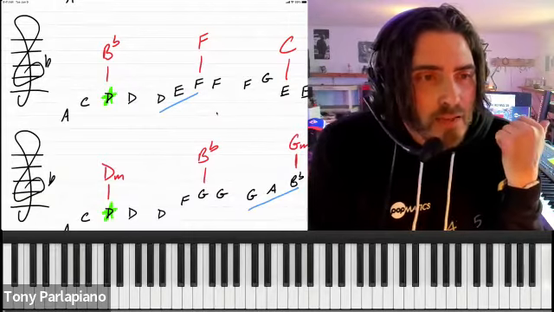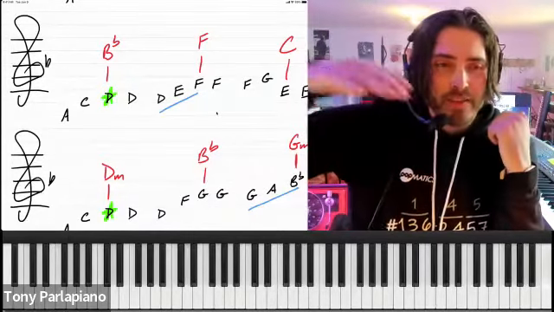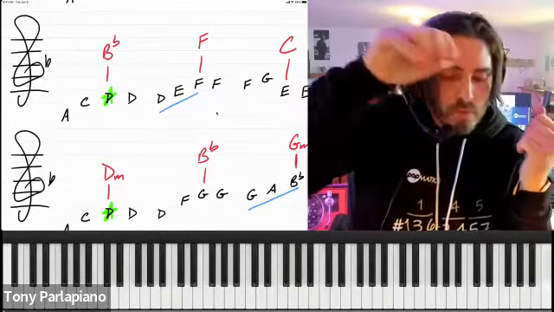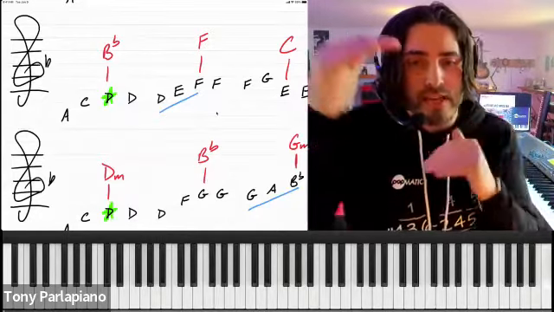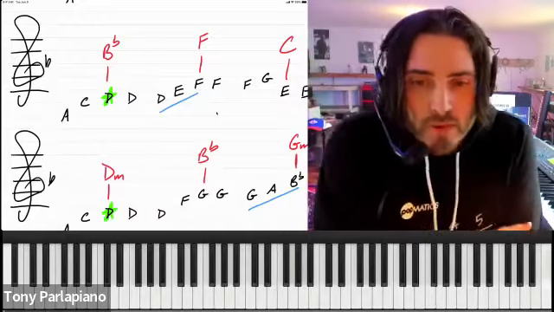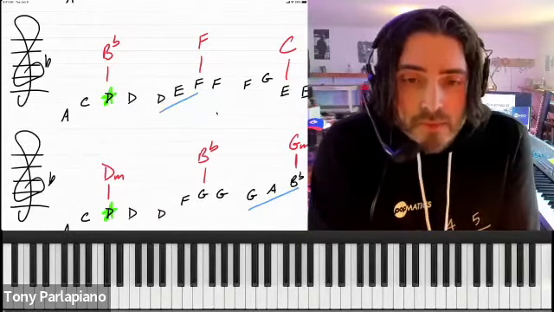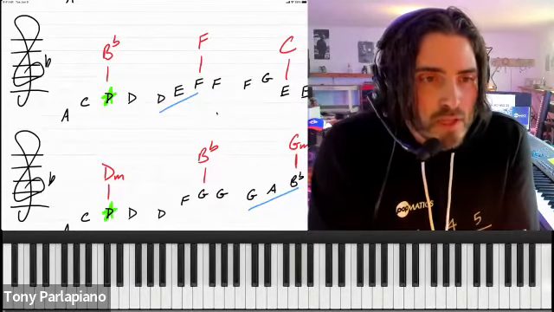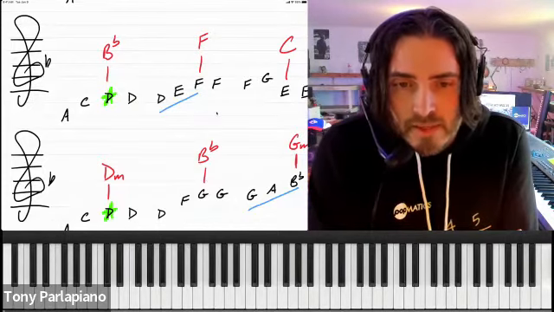If we're going to write them out, I want to at least write them using the manuscript paper, or using the ruled paper as manuscript paper, and at least put the notes where they would be, so they get the idea of where the location is. And then they don't need to focus too much on the rhythm because it's going to be a song that they've picked out. They already know the rhythm. So this is just a little reminder of what we've uncovered during the lesson.